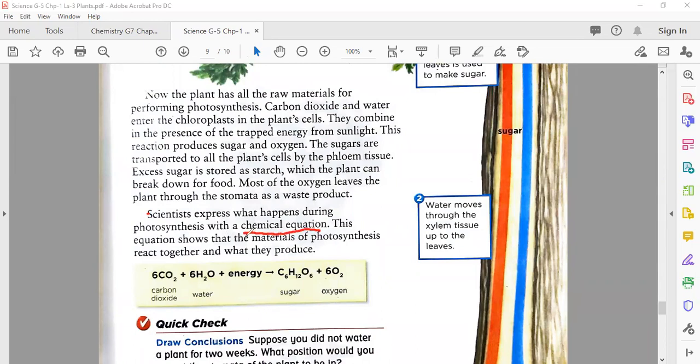This equation shows that the materials of photosynthesis react together and what they produce. This is carbon dioxide, CO2, that is water, and energy. You know from where we get energy? From the sun. Very good, excellent, from sunlight. Now the first product is sugar and the second is oxygen. Well done, very nice, my dear, excellent.